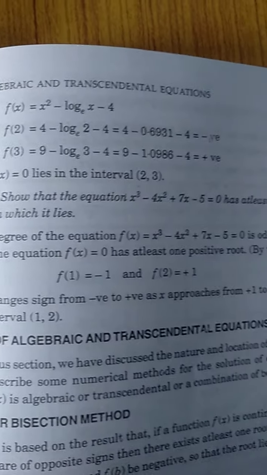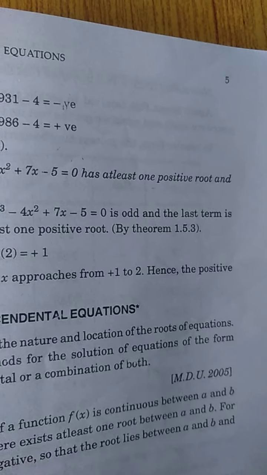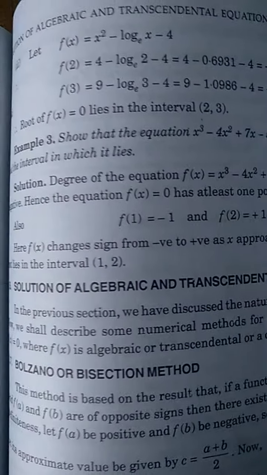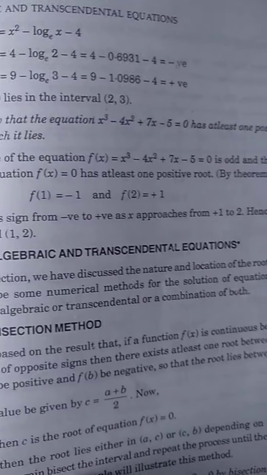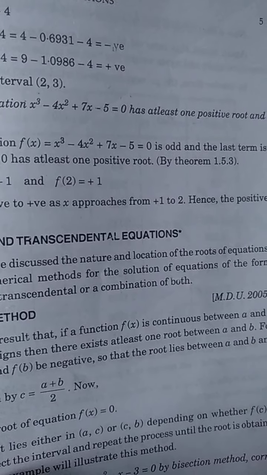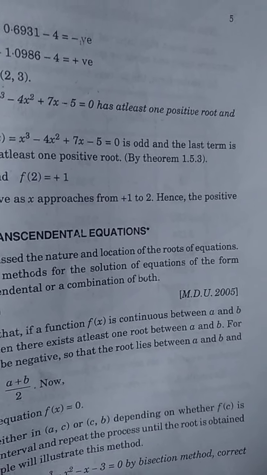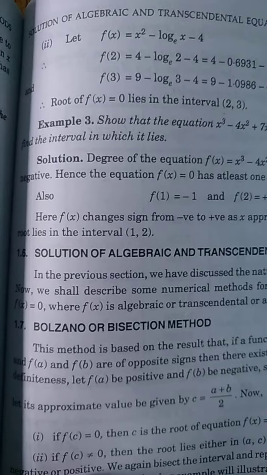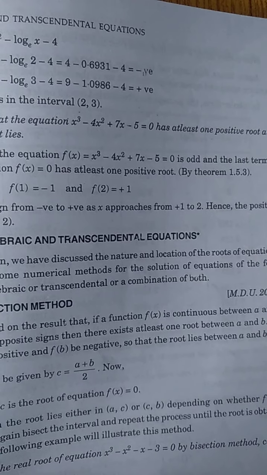Example third: show that the equation x cube minus 4x square plus 7x minus 5 equal to 0 has at least one positive root, and find the interval in which it lies. Solution: the degree of equation f(x) equal to x cube minus 4x square plus 7x minus 5 equal to 0 is odd, and the last term is negative. Hence the equation has at least one positive root by theorem 1.5.3.